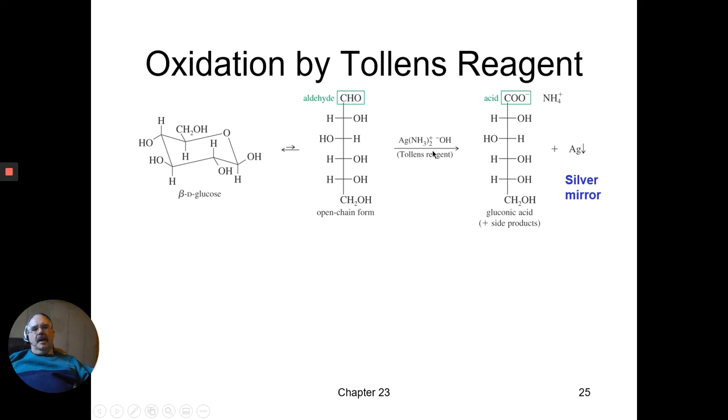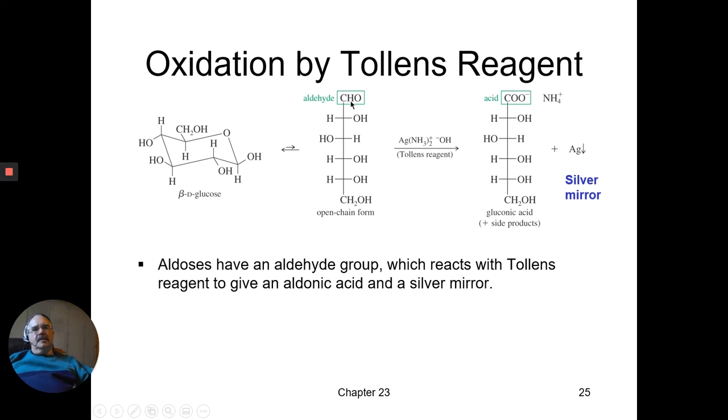The Tollens reagent will oxidize aldehydes to carboxylates. Okay, it's ammonium carboxylates rather than carboxylic acids, because this is carried out in strongly basic solution.